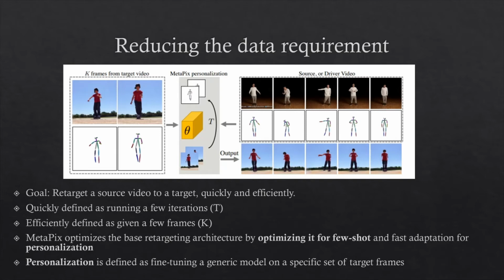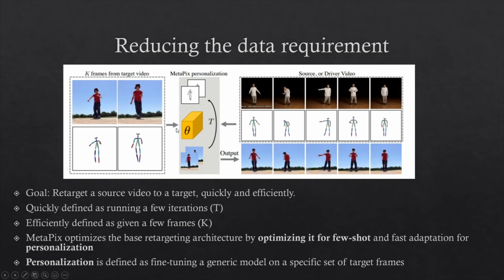Efficiently is defined as given a few frames, where K is the number of frames. MetaPix optimizes the base retargeting architecture for few-shot and fast adaptation for personalization. And personalization is defined as fine-tuning the generic model on a specific set of target frames.